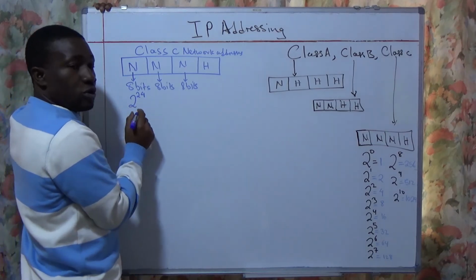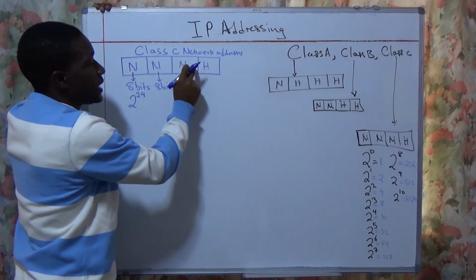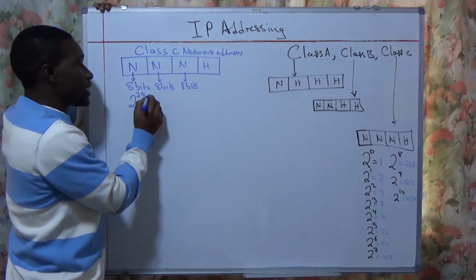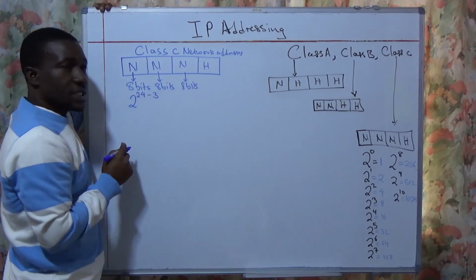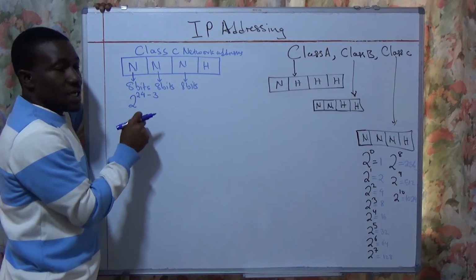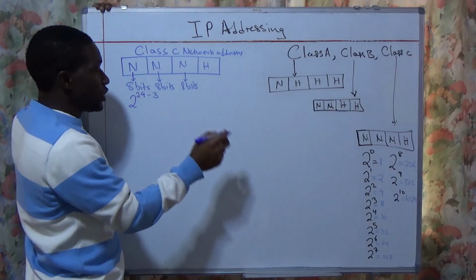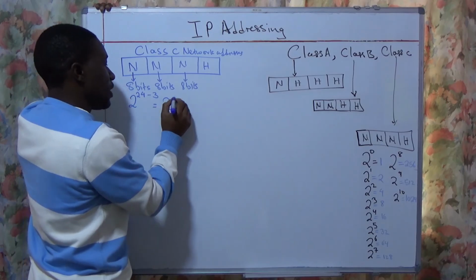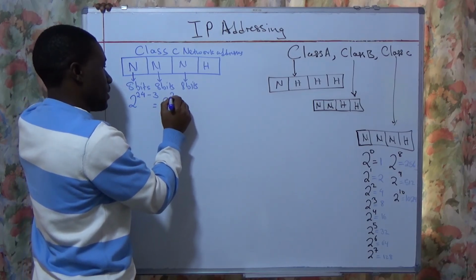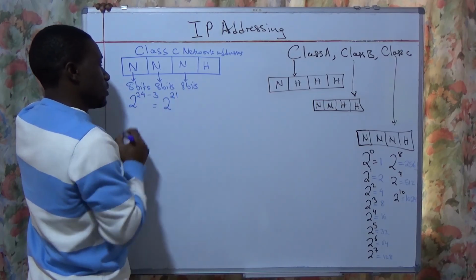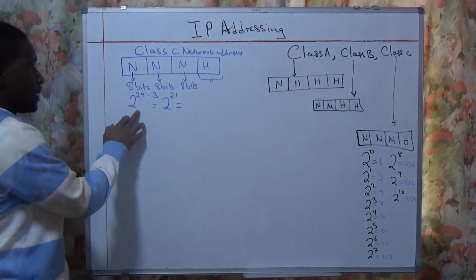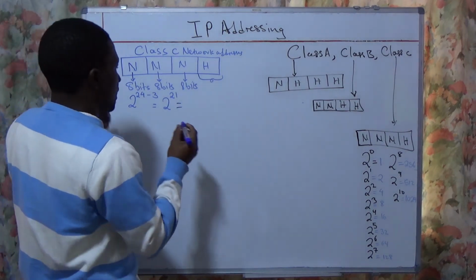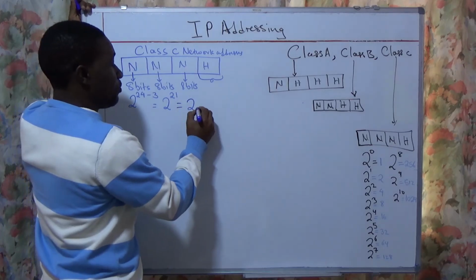As a rule, in class C, we subtract 3 bits. So, for class C, 3 bits are not used. So, we shall remain with 2 to the power 21.